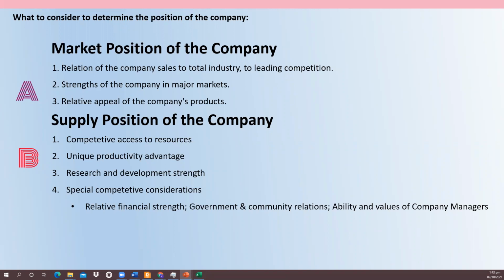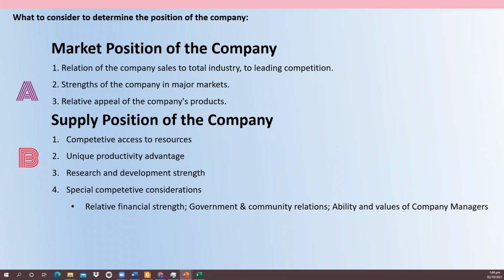So you can just compute it by dividing your sales to the overall sales of the industry. Okay? Or comparing, or pwede rin you can do a ratio. Sales to total industry.